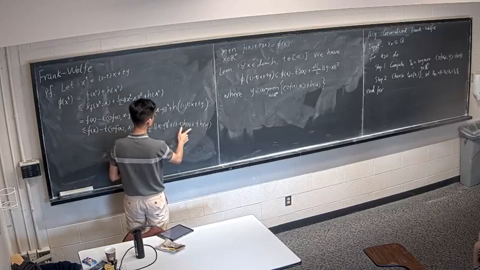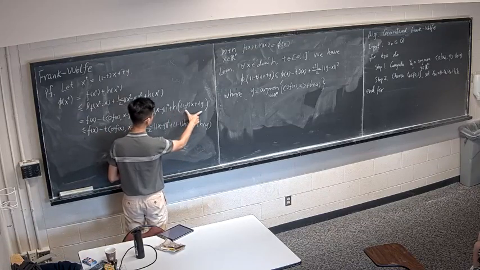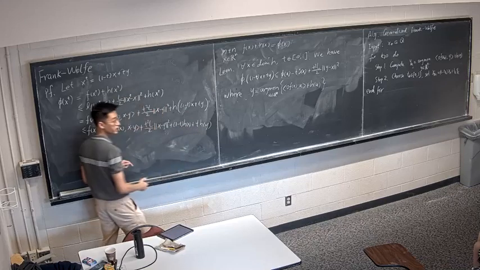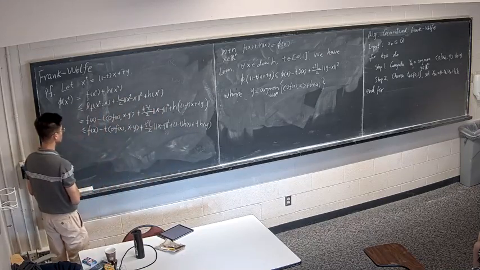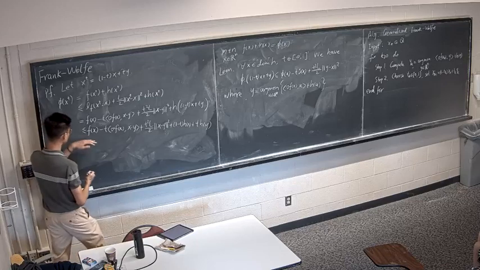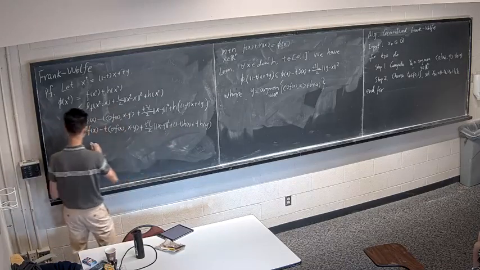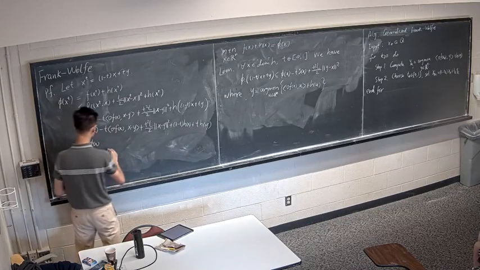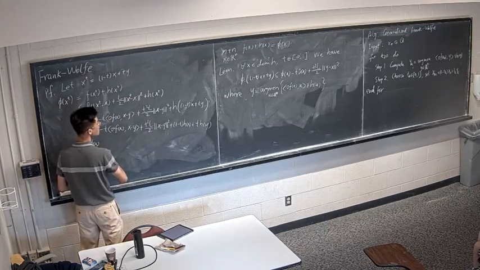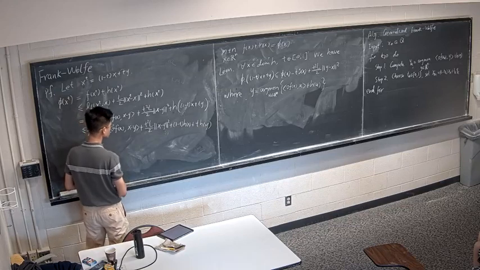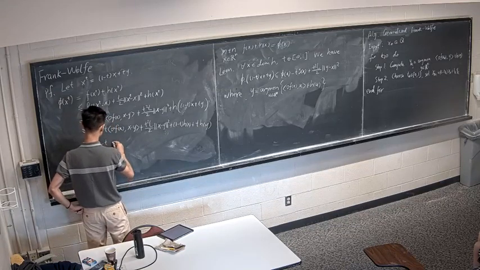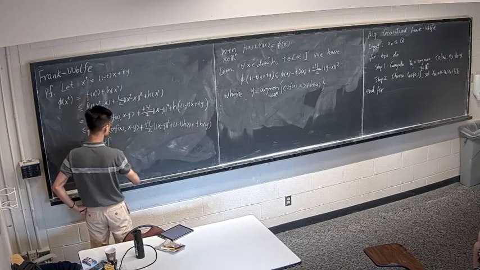Here we use the fact that h is convex, so h of a convex combination is less than or equal to the convex combination of the two h. Right, and now let's combine the f of x and h of x. So we have Φ of x and put everything else together.